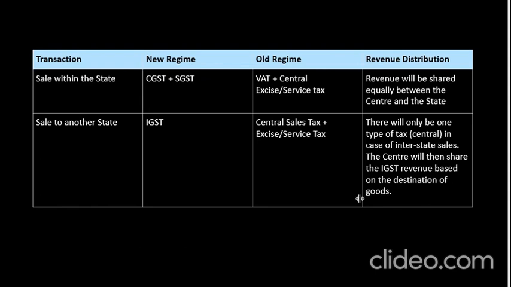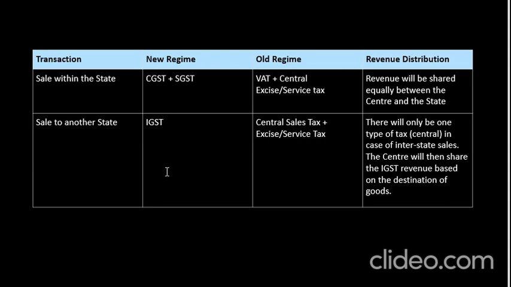Then CGST and SGST will be charged on intrastate supplies of goods and services in India. Then IGST, integrated GST, is charged on interstate supplies of goods and services in India, levied and collected by the center, as also discussed.